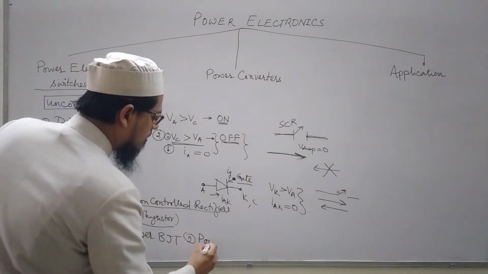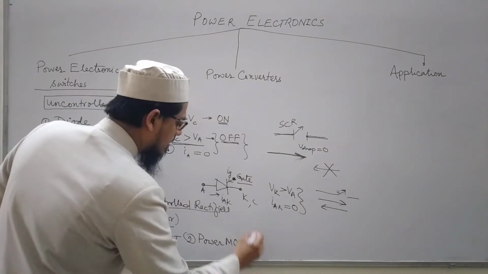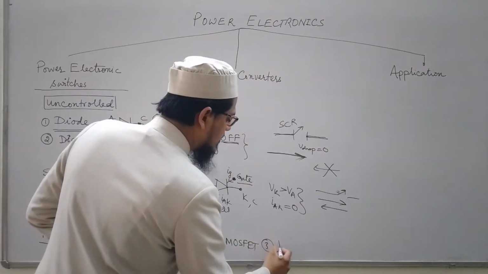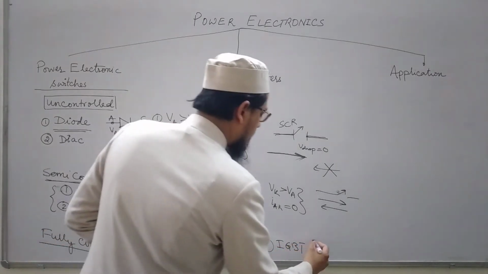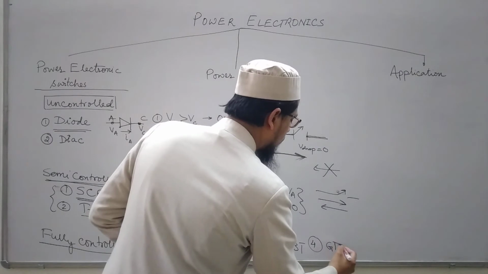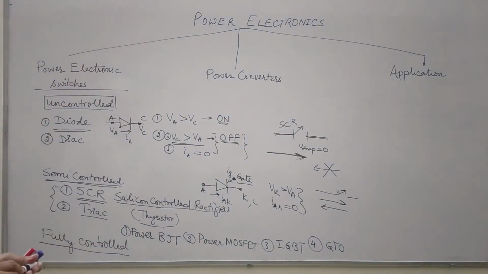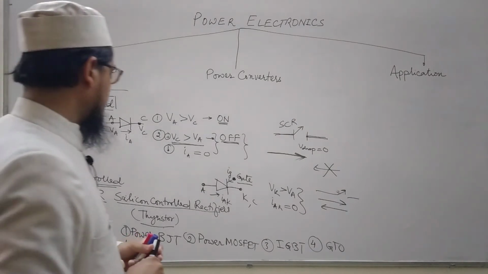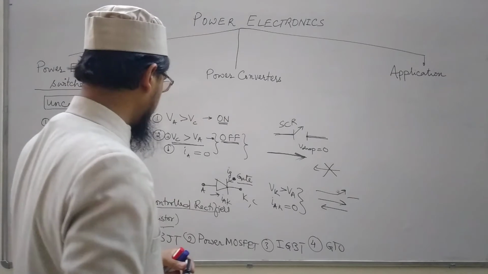Similarly, power MOSFET and IGBT, then GTO. These are some of the fully controlled devices available to us in power converter circuits.